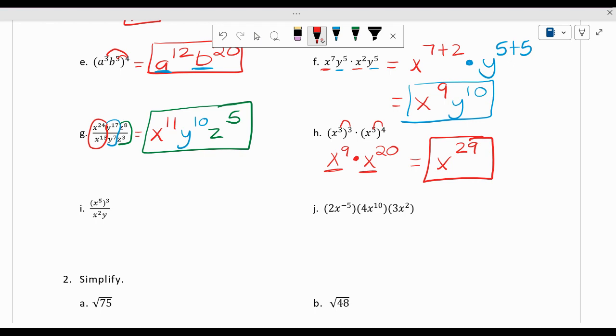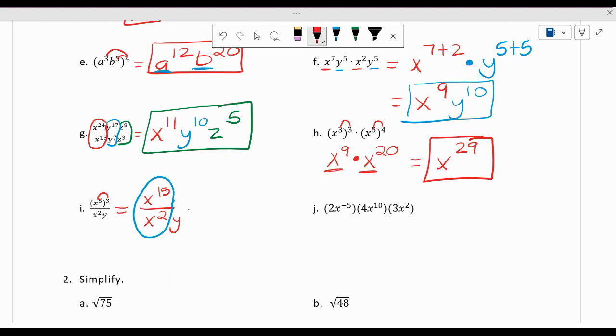Moving on to I, again, there's a little bit of distribution here. I'm only going to distribute to the top though, because only the top has the parentheses. So this is going to become x to the 15th over x squared y. Now, if you notice, I have two x terms on top and on bottom, so I'm supposed to combine those.